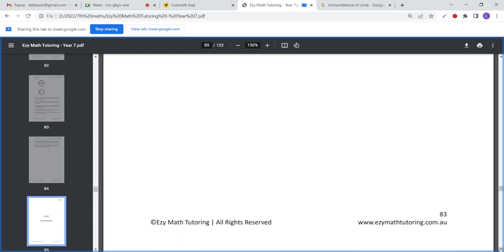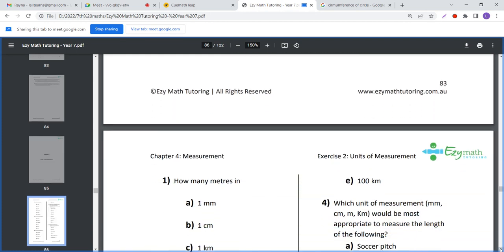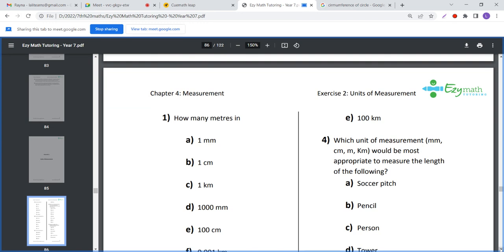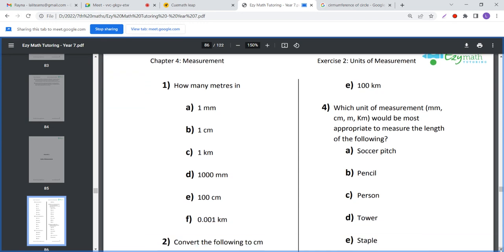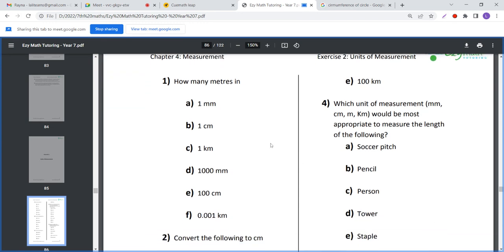Unit of measurement. There, simple questions. How many meters in 1 millimeter? 1 centimeter in 1 kilometer.